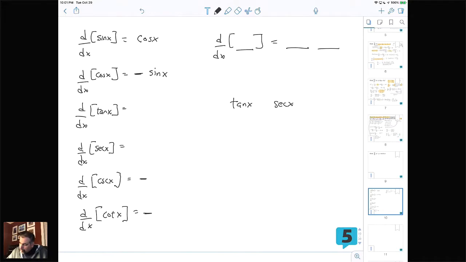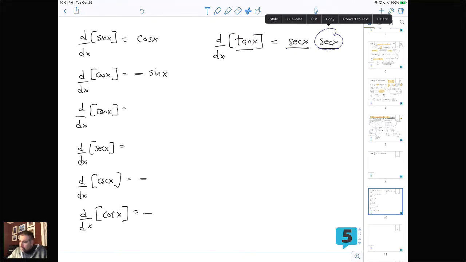So here's what you have to remember: there are 2 secants to 1 tangent. If you can remember that ratio, 2 secants to 1 tangent, you're going to be home free. Because if you remember there are 2 secants to 1 tangent, when you go to fill in your blanks, the derivative of tangent has to be the 2 secants that are left over. So that gives you what you need. You get the derivative of tangent equals secant squared.